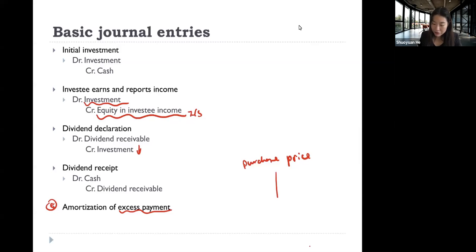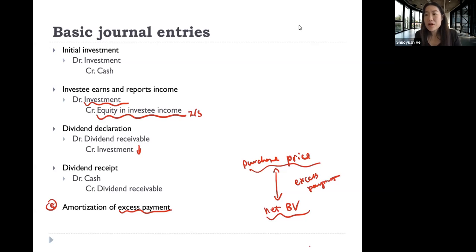But if you look at the firm whose equity stock it is acquiring, it may only have a net book value of, for example, $4 million. So the difference between the purchase price and the net book value of the stock it has acquired is called excess payment.